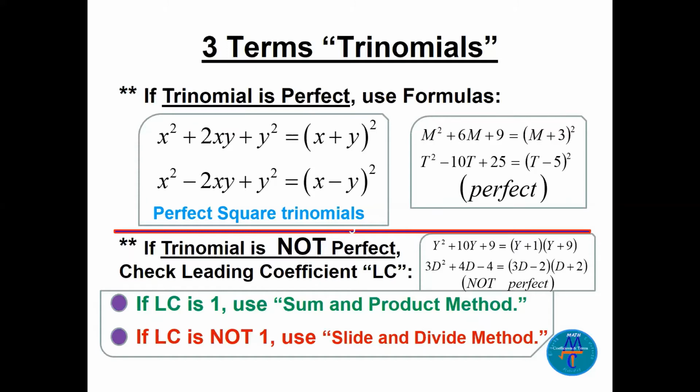When you see three terms, you have to decide: is this perfect or not perfect? Clear? If it is perfect, use the formulas. If it is not perfect, wait a few minutes, and I will tell you what to do.